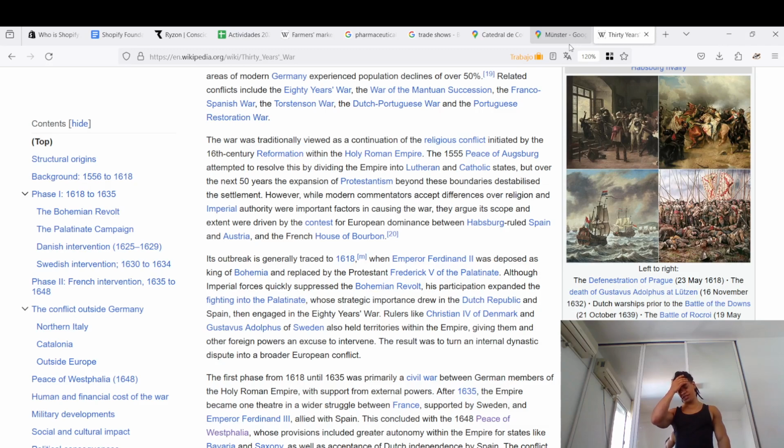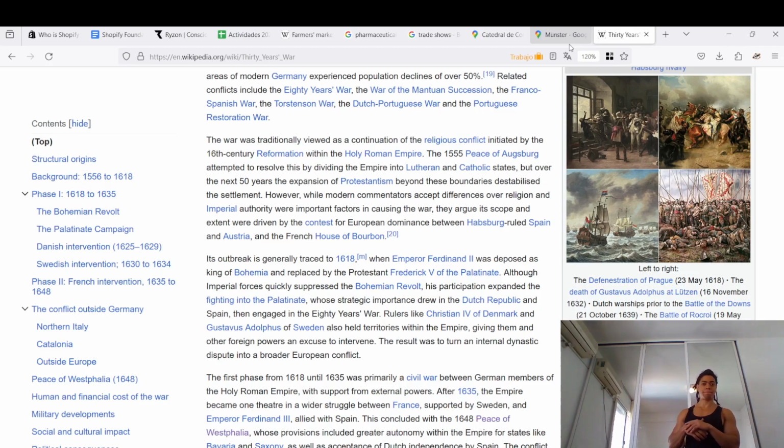Münster, a west city in Germany, is where this treaty, the Peace of Westphalia, was signed. But what we care about here for this context, the Shopify POS, is in the southwest.